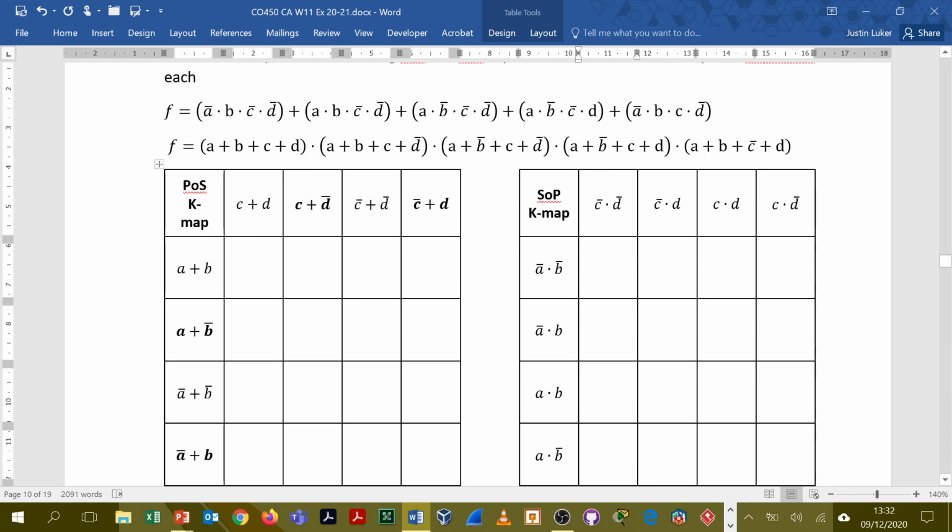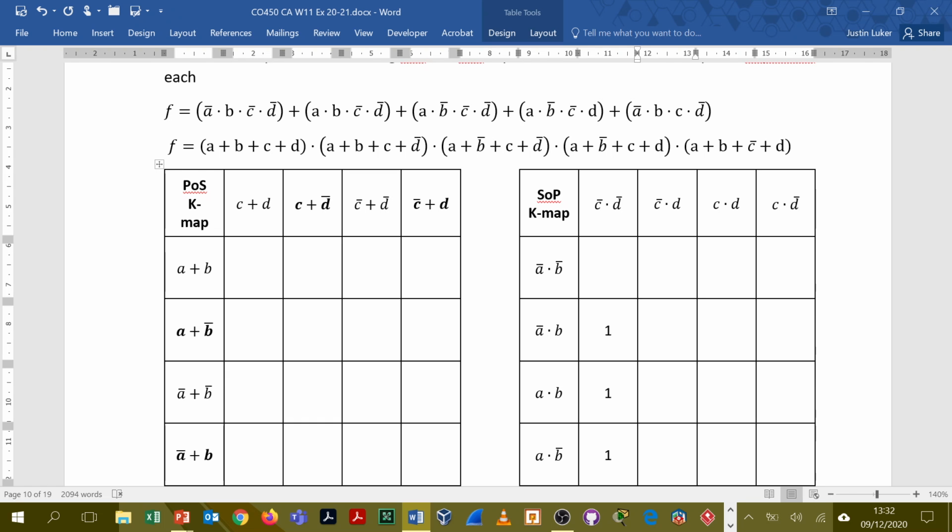So here's the SOP. Let's do the SOP one first. What we're looking for: not A, B, not C, not D. Is that row? Not C, not D, there. We're looking for ones, so we put a one there. Then we've got A, B, not C, not D, so that's one in there. Then A, not B, not C, D, that one.